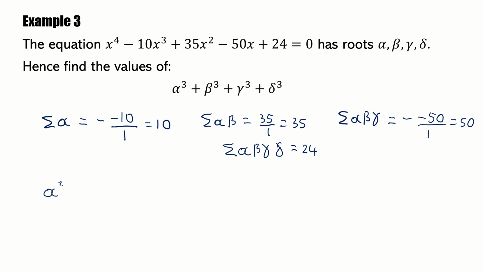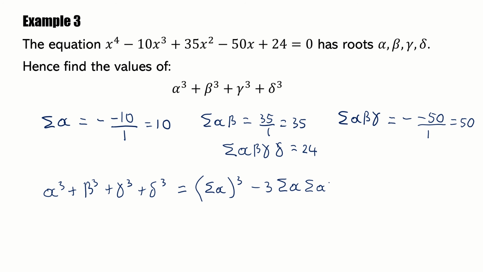because we just want alpha cubed plus beta cubed plus gamma cubed plus delta cubed. But that is just the formula that we have already been using up until now. It's still just going to be the sum of the roots, all cubed, minus 3 lots of the sum of the roots times by the sum of the pairs, plus 3 lots of the sum of the triple products.